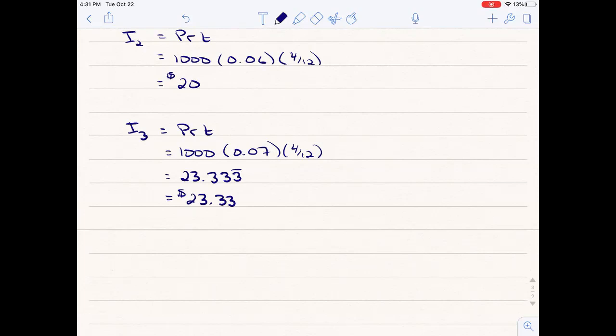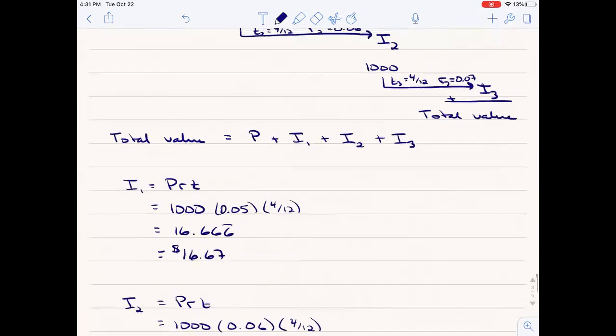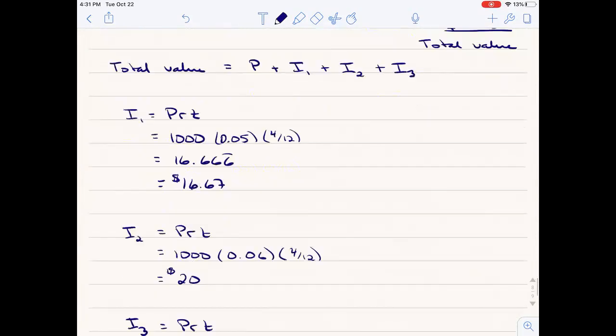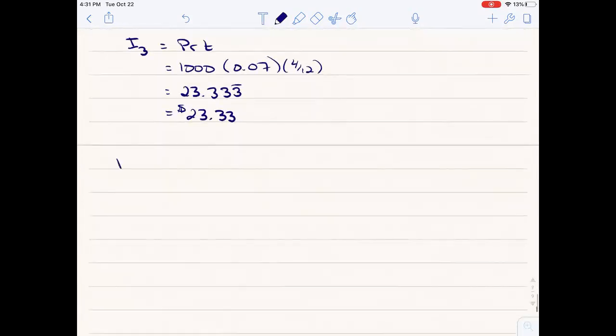Okay. If we're thinking about this, even though we're moving incrementally, the total value a year from now is a future value. Just like the future value is P plus I, even if we're changing the interest rate, the future value is P plus I1 plus I2 plus I3.